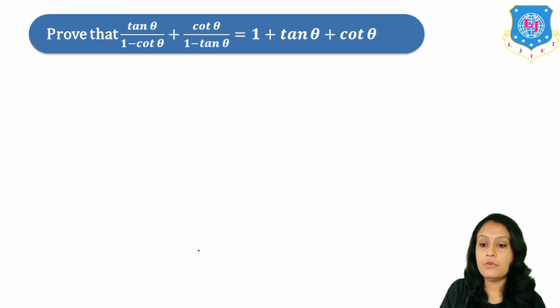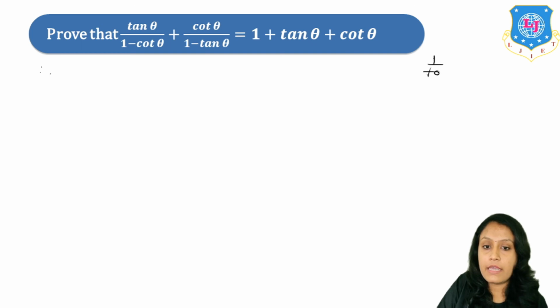Alright, now let's move to the next example. Prove that tan theta upon (1 minus cot theta) plus cot theta upon (1 minus tan theta) equals 1 plus tan theta plus cot theta. Now in this example we'll substitute 1 upon tan theta in place of cot theta.